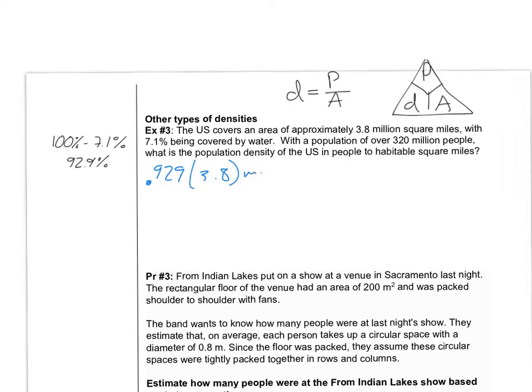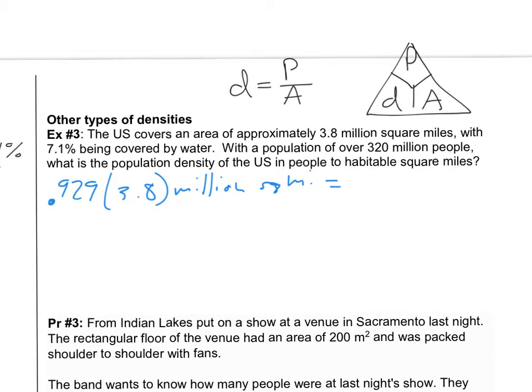And we know we're dealing with million square miles. Well, when we plug that into our calculator, that equals 3.5302 million square miles. All right, so there's our actual area.